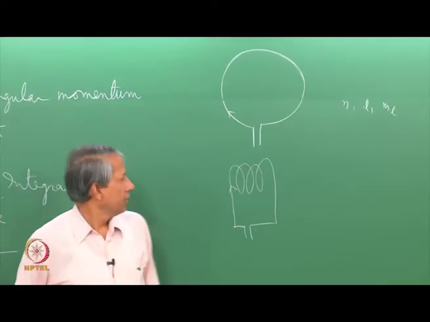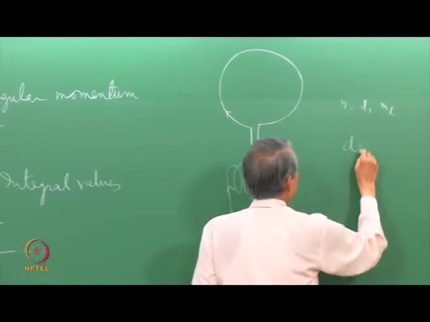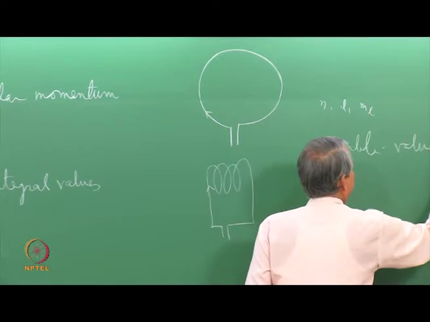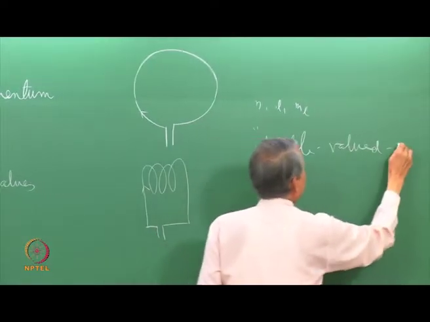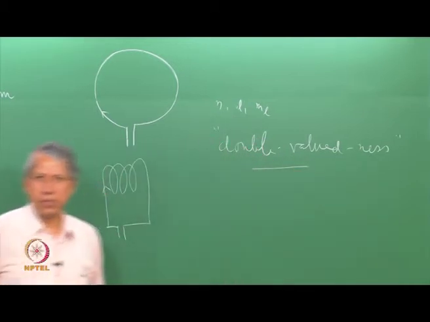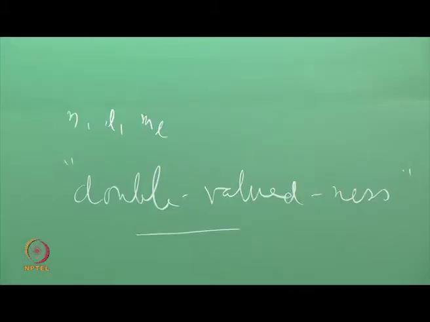So, if this sort of double valuedness is accepted, then many of these doublet spectral lines can be explained. Of course, now we know that this is nothing but the Pauli exclusion principle, that is what is in mind.